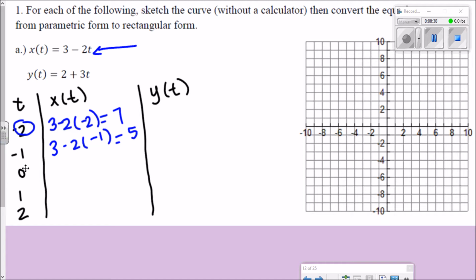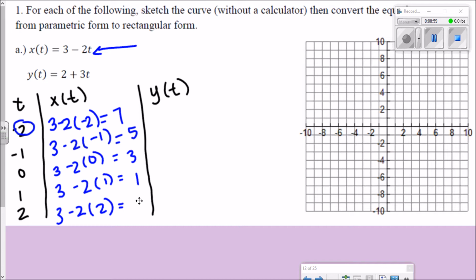Let's do 0. This ends up being 3 minus 0, which is 3. Now I'm going to move on to 1. I'm just plugging these t values into my function. 3 minus 2 is 1. Then positive 2. This ends up being 3 minus 4, which is -1. So these are all of my x values.